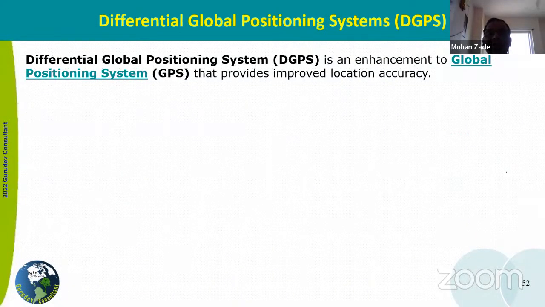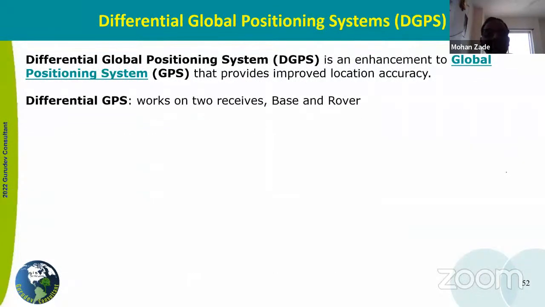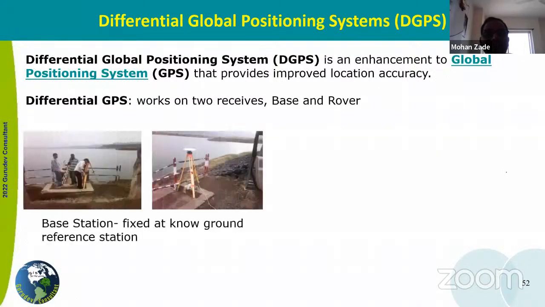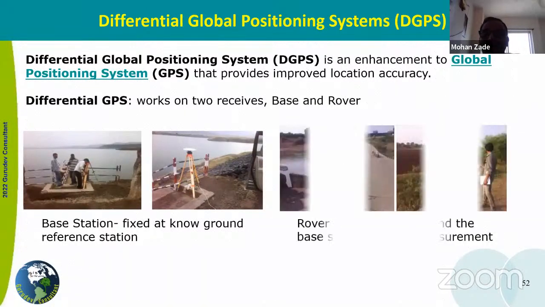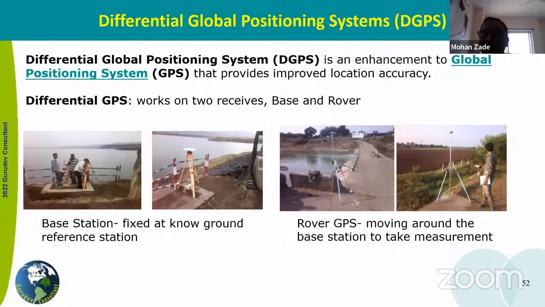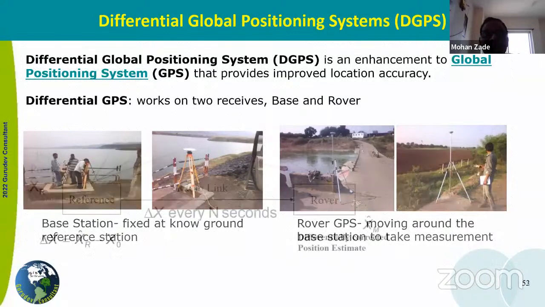There is one more GPS called the DGPS, the differential GPS. It increases the accuracy of measurements in XYZ. It works with two receivers, called the base and the rover. The base is fixed at a particular point for 24 hours, and the rover moves around and takes the measurements.